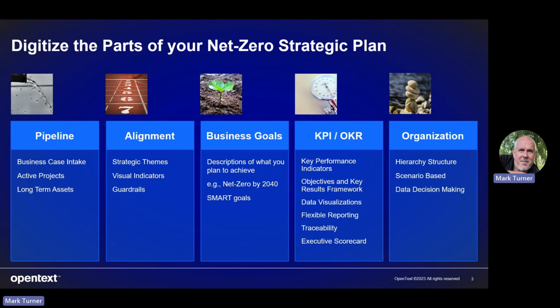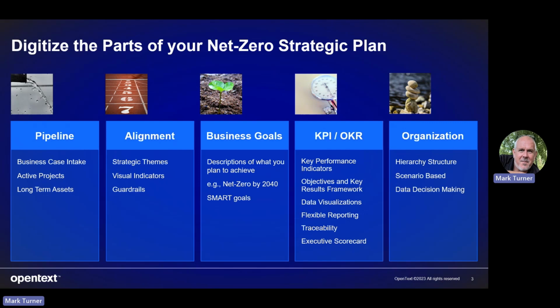And when we're talking to organizations about what's required and what they want to do and what they need to capture and understand, essentially they're looking at initiatives and projects that are in progress, so the pipeline of work.